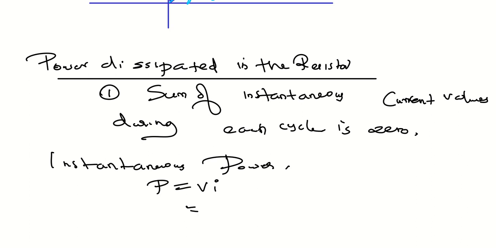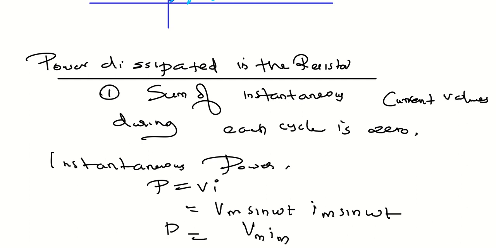In a resistor with AC applied, V is equal to Vm sin omega t and I is equal to Im sin omega t. So P is equal to Vm Im sin square omega t. So we get the instantaneous power as Vm Im sin square omega t.